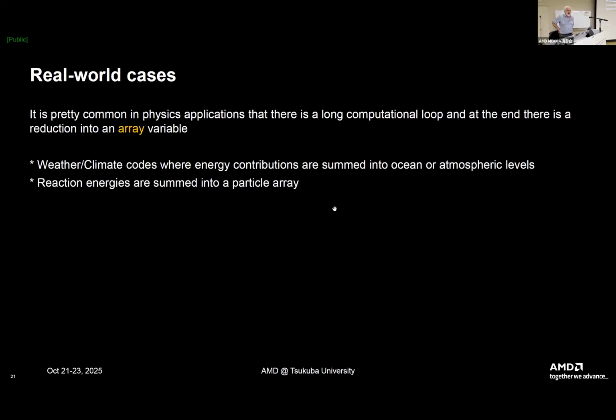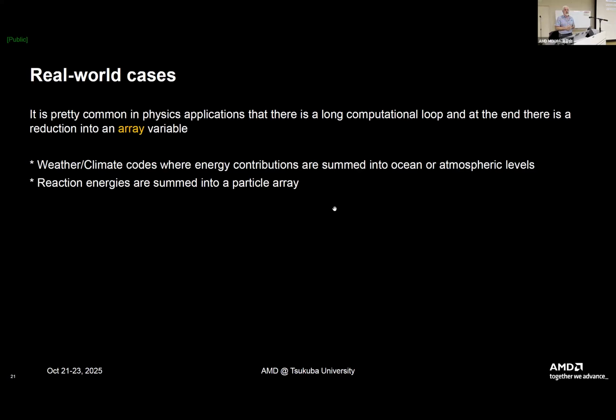Now, real world cases and a lot of the codes I worked with also did a reduction into a vector. So let's say climate, I wanted to sum all the contributions of the ocean up to in a column, or in the atmosphere, I wanted to sum what was happening in a column of air.